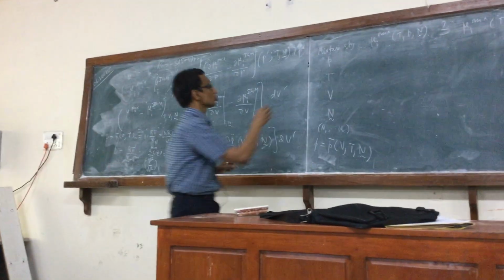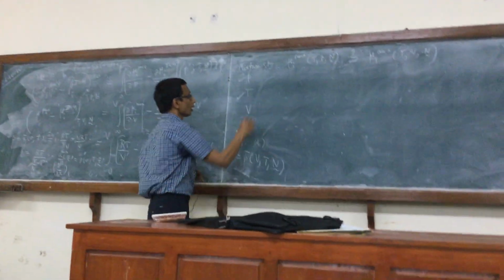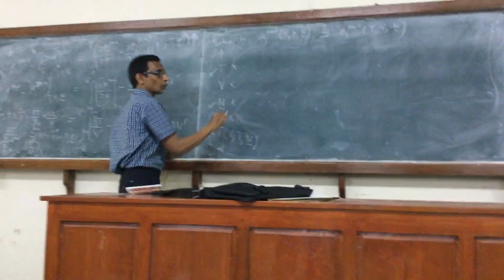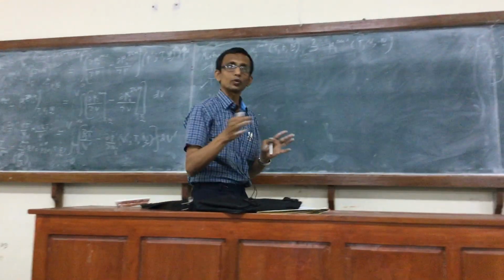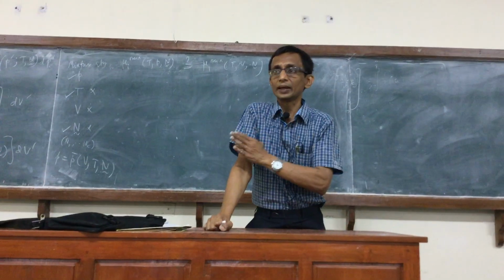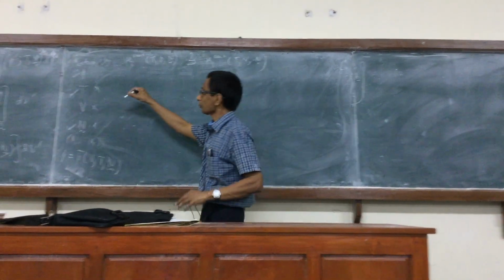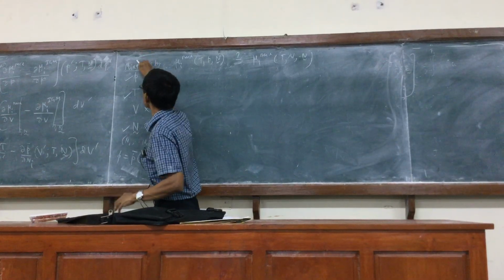Now I can either choose the pressure, temperature and mole number or the volume, temperature and mole number. It doesn't matter. I only have to go to a different function. Either I express mu i in terms of T, V and N or in terms of T, P and N. Both of them correspond to a single state.